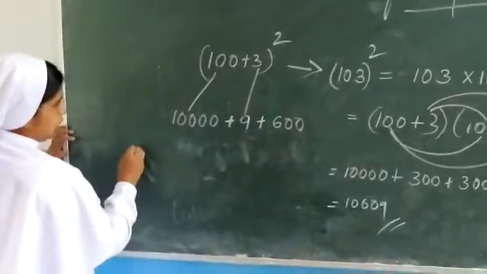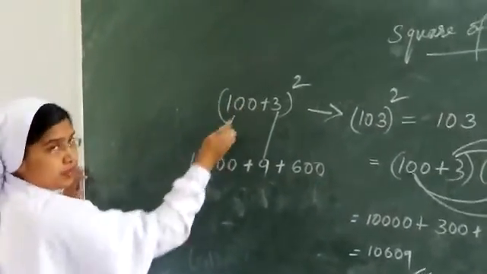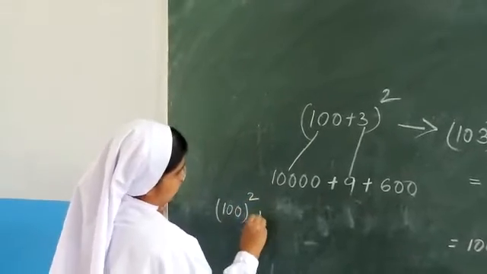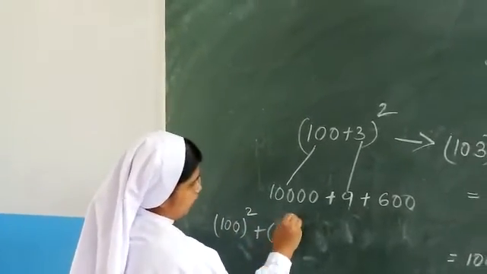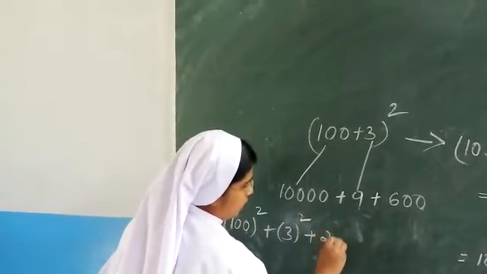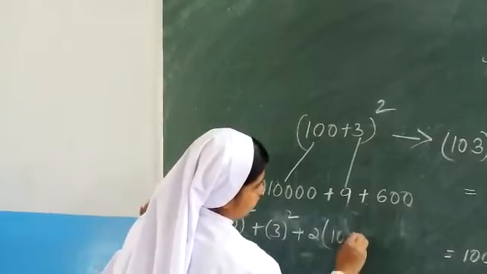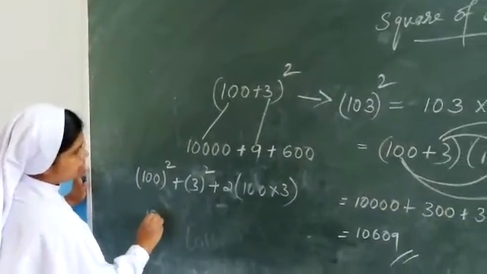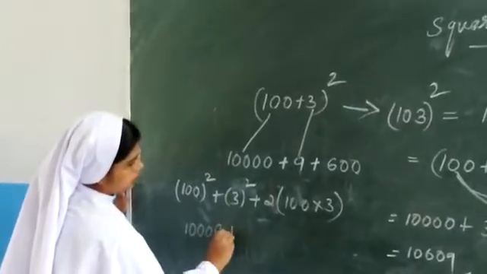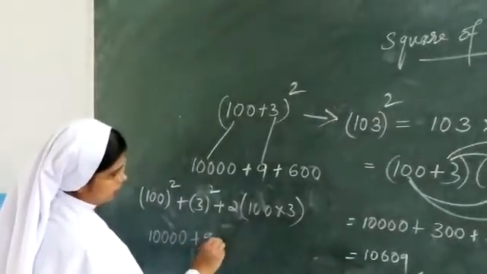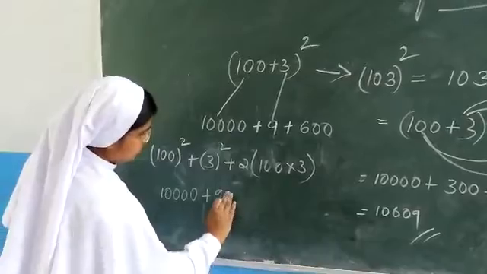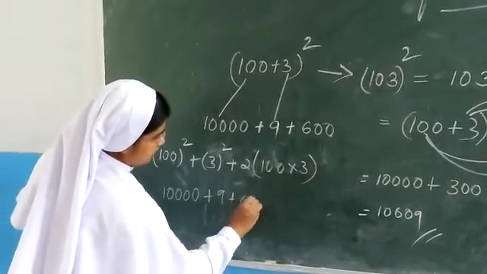So once again, you can see each number when you write, plus 3 squared, plus twice their product, 100 into 3. You will get 10,000 plus 9 plus 2 into 100 into 3, that is 600.